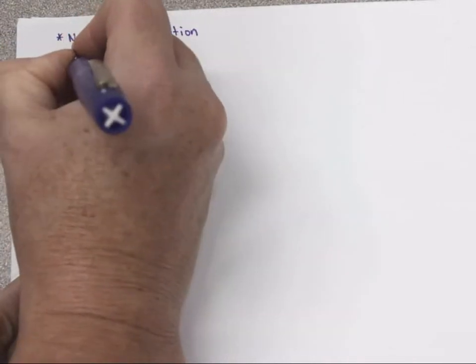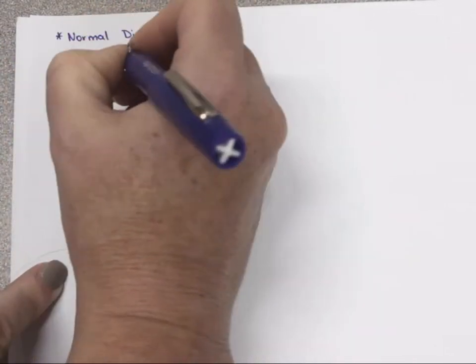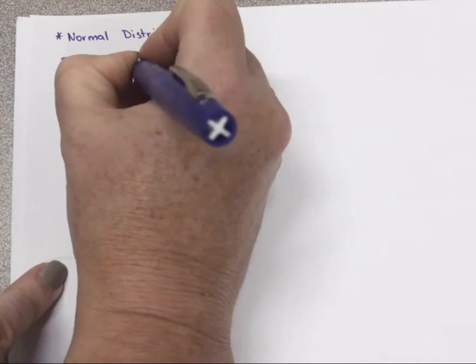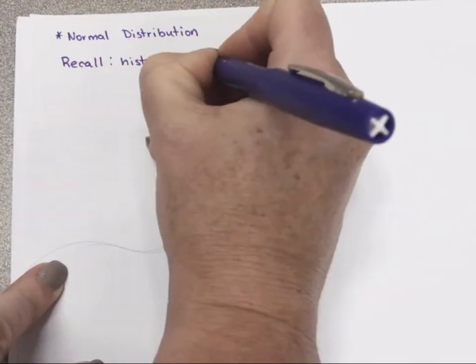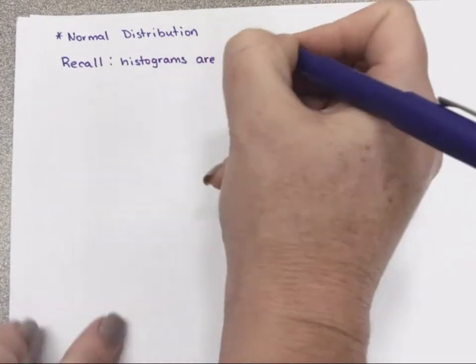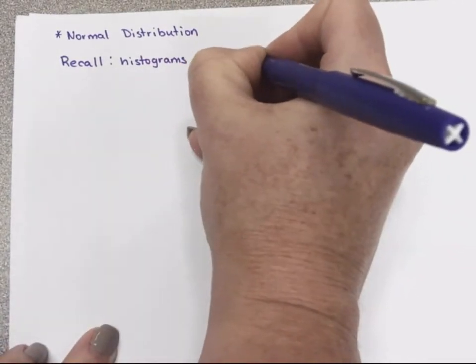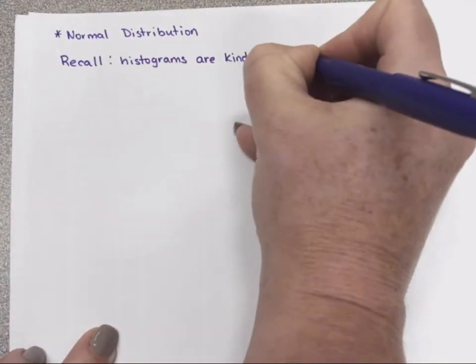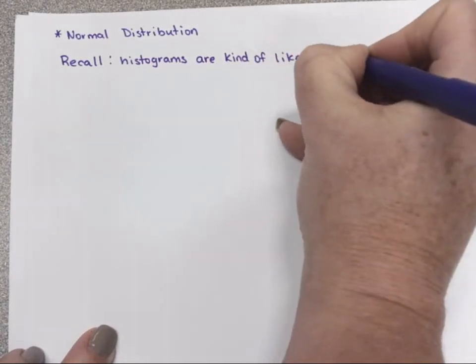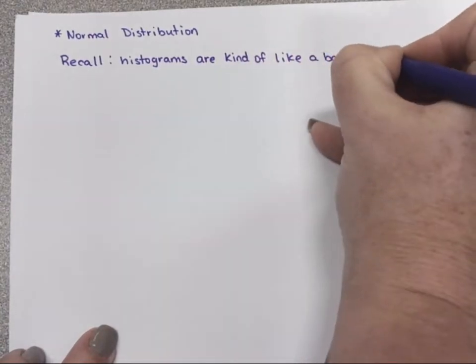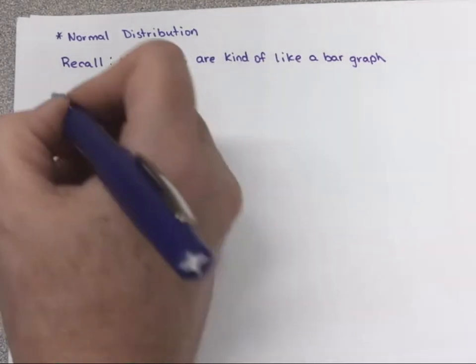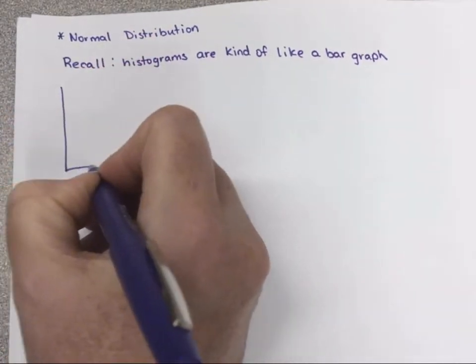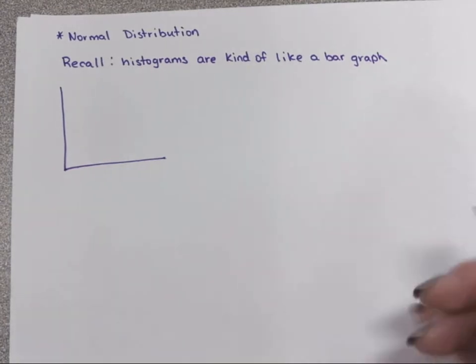So from last class, recall that histograms are kind of like a bar graph. And so let's draw a histogram, and I don't want you to be really, really detailed.